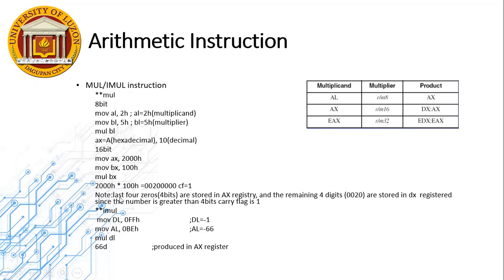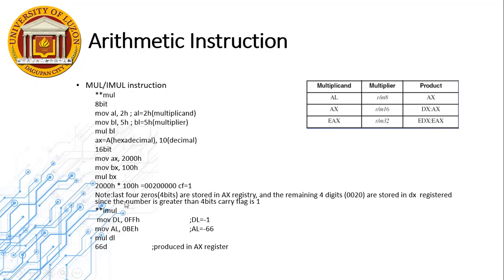So note that you could see on the upper right corner, you have a small table there for the AX register for 16-bit. There is a DX:AX assignment of products. So how do we determine which is going to DX and which is going to AX?